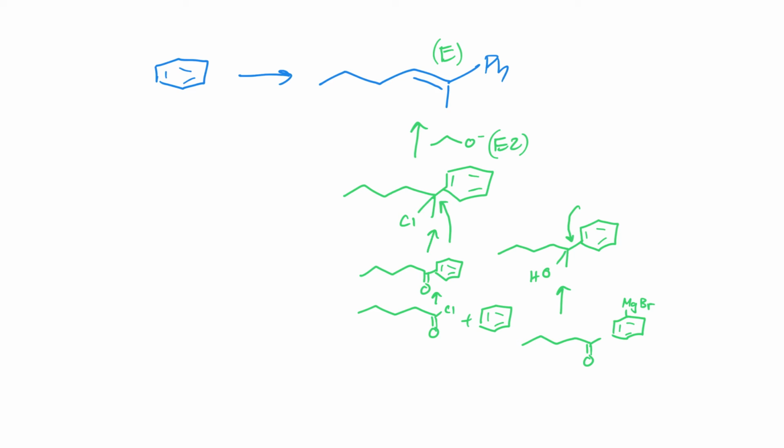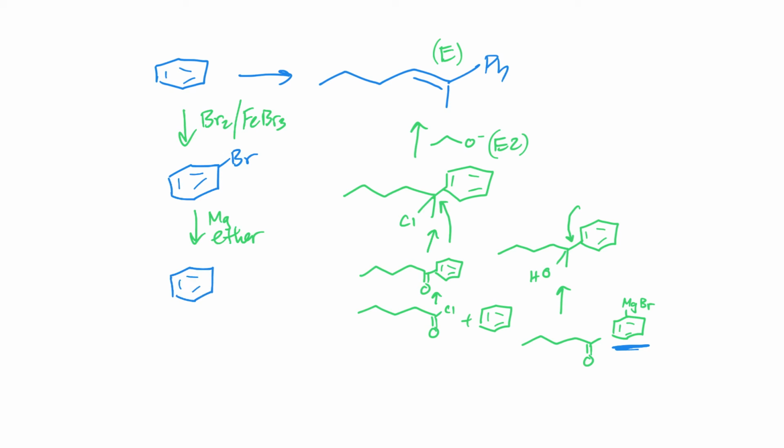I think it's probably easier to make this Grignard from benzene, which really just requires Br2, FeBr3, and then magnesium and ether to create the phenyl Grignard.